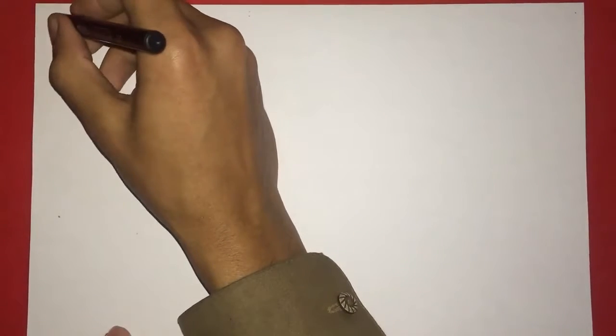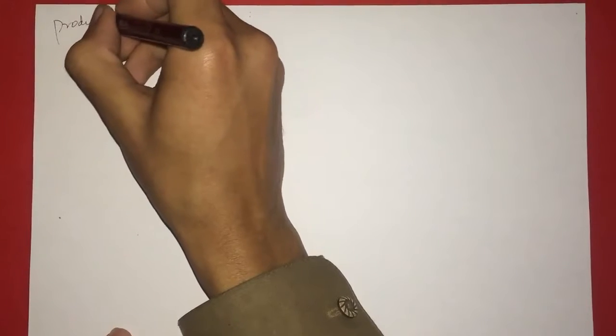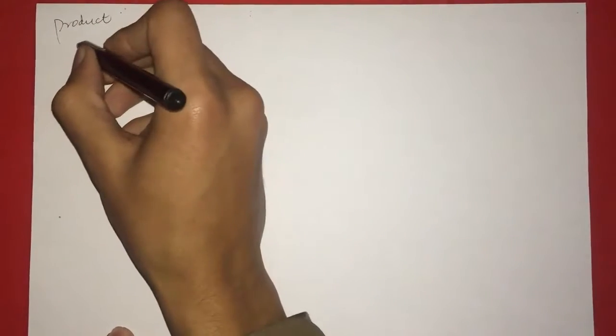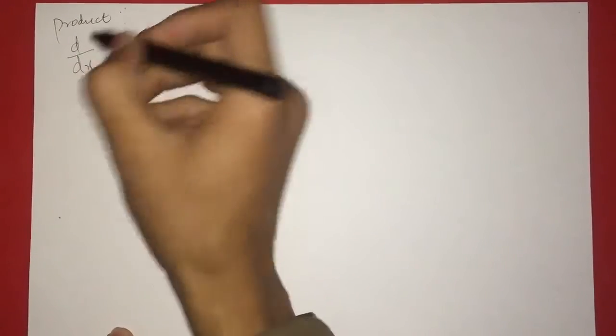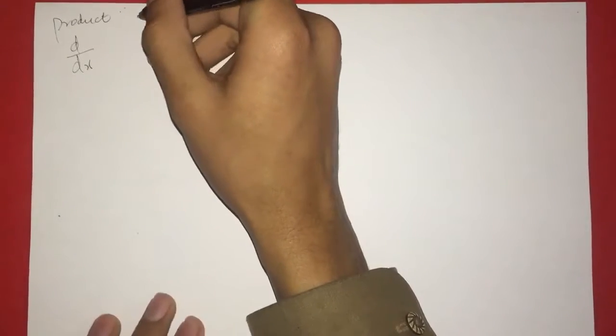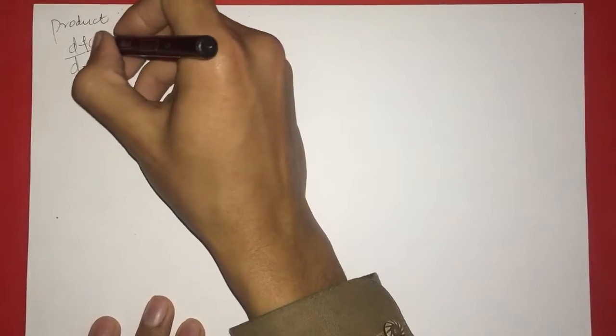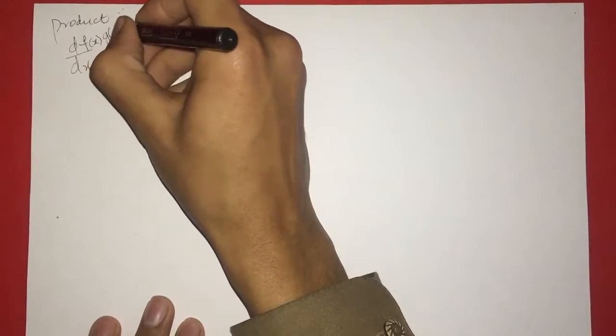Let's now jump to the product rule and quotient rule, the most important rules of differentiation. So you have the product rule. Let's say that you have d by dx of the same two functions, f of x into g of x.